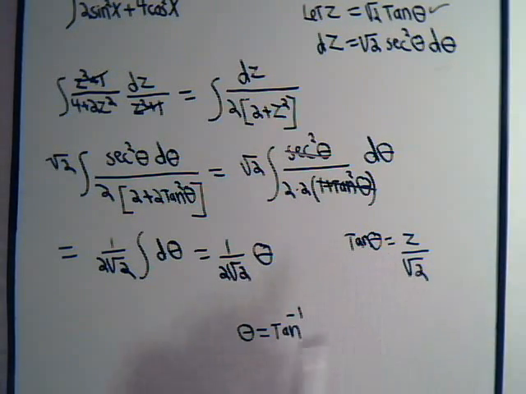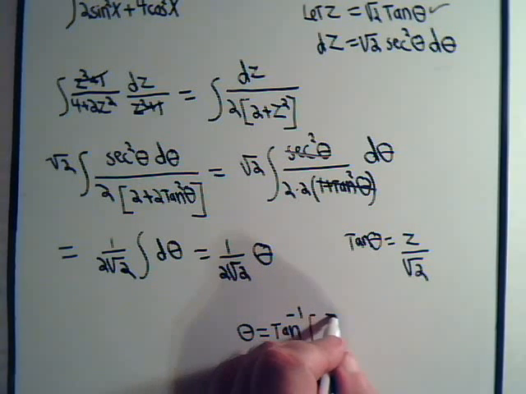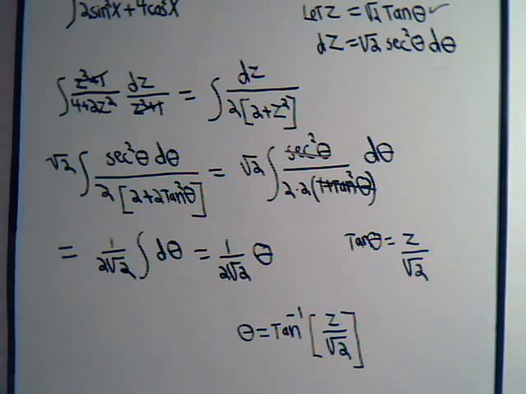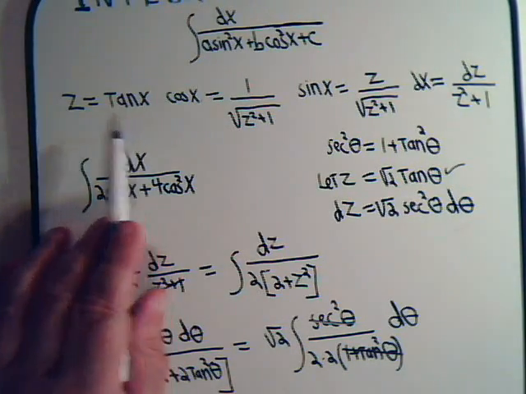The tangent of theta equals this. Theta will equal the inverse tangent of z divided by the square root of 2. But let us remember, z is the tangent of x.